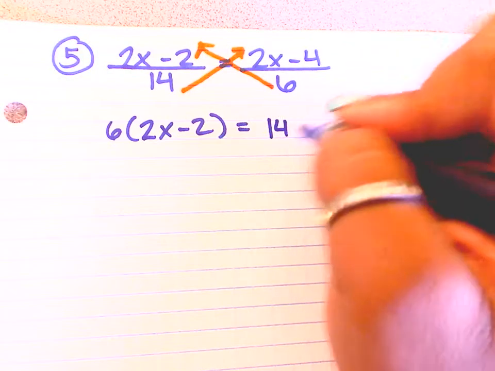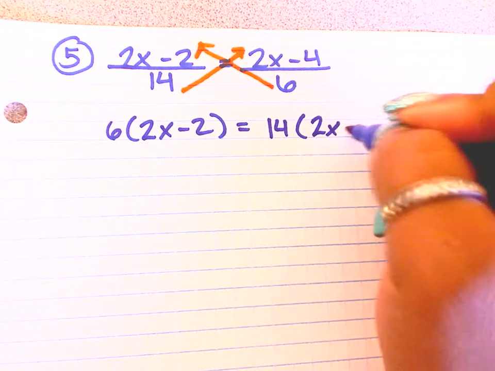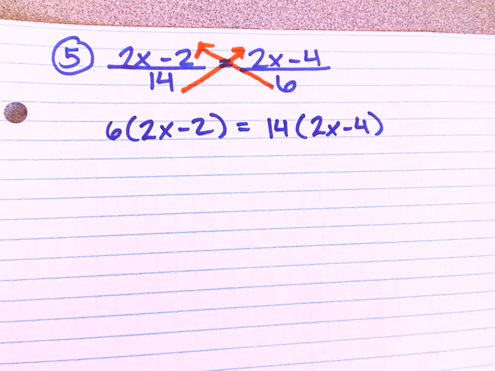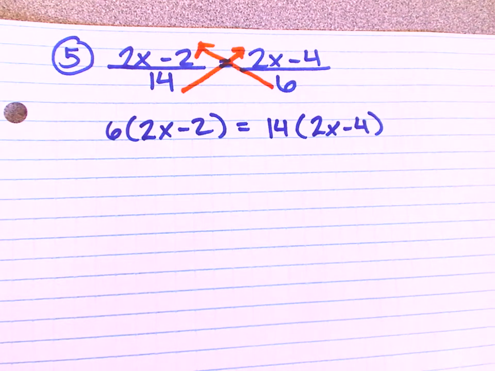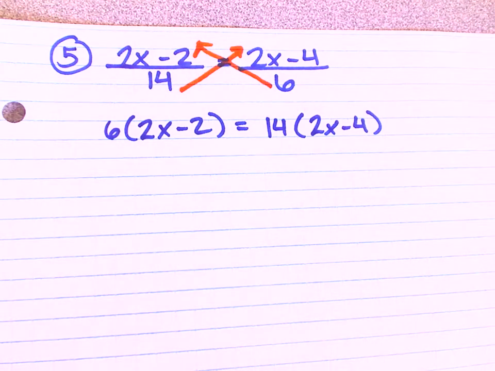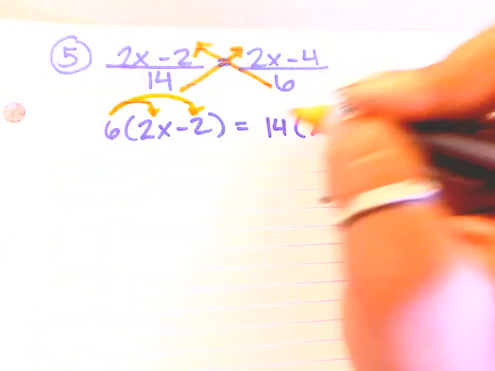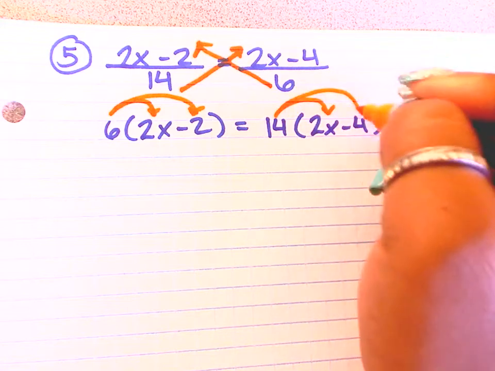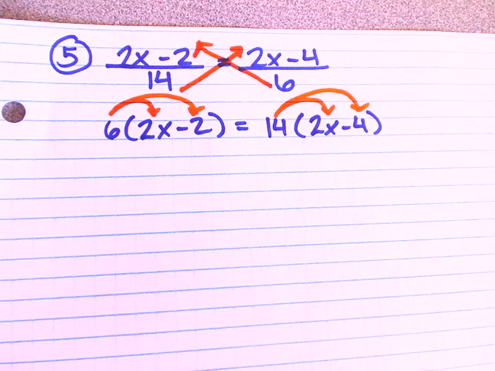Equals 14 times the quantity of 2x minus 4. So all we did was cross multiply. Okay? Now we have to distribute on both sides to simplify. So I have to distribute 6. I also have to distribute the 14 into its simplest form.